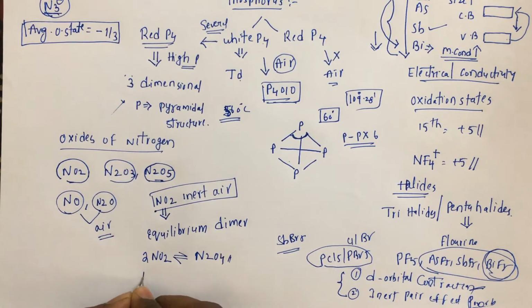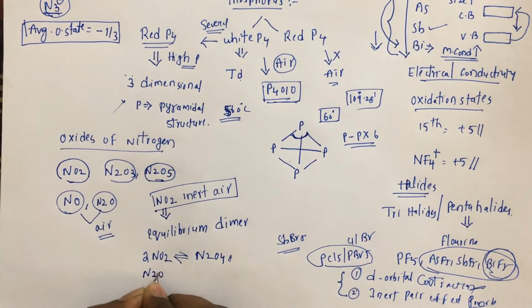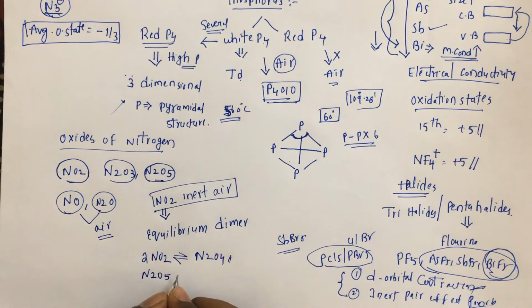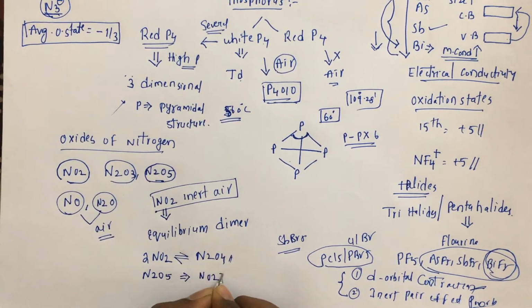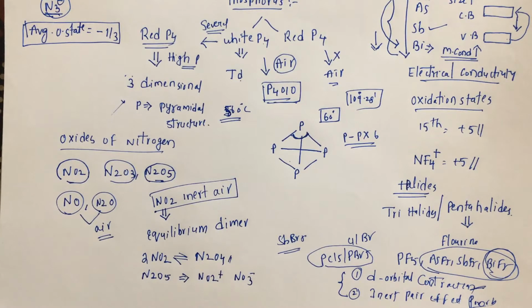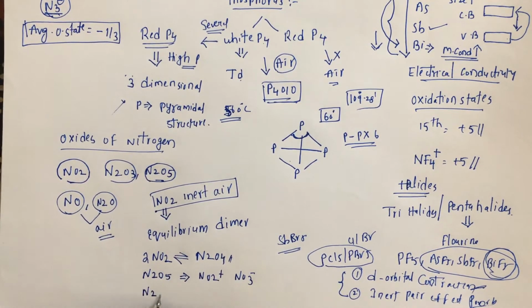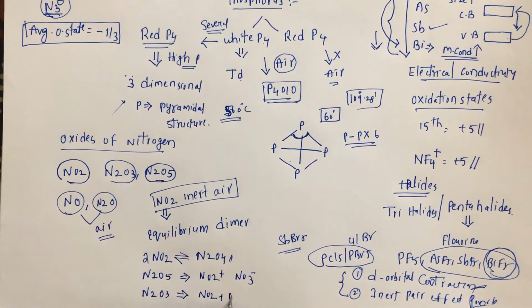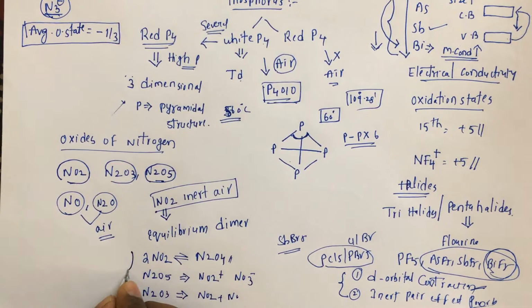And then we'll go for N2O5. This N2O5 exists as NO2 plus and NO3 minus. Similarly, N2O3 decomposes into NO2 plus NO. So these three reactions are very, very important.